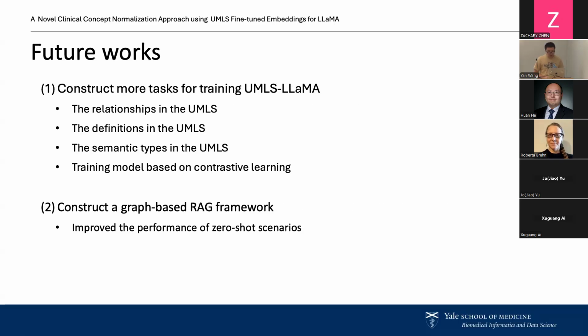So in the future, I plan to design more training tasks based on the UMLS relationship tables, definition tables, and semantic type tables to better train the UMLS-LLaMA model. As another approach to achieve richer semantic representations, we could construct contrastive learning datasets from the tasks mentioned above, and use contrastive learning instead of instruction tuning to train our embedder.